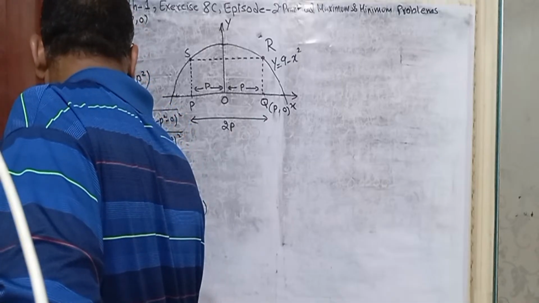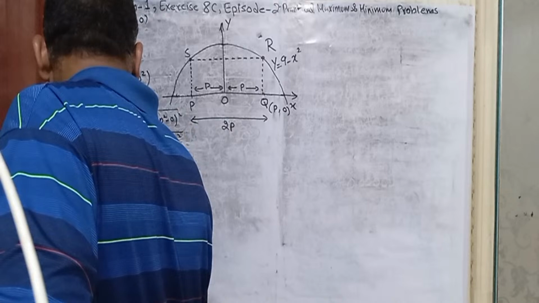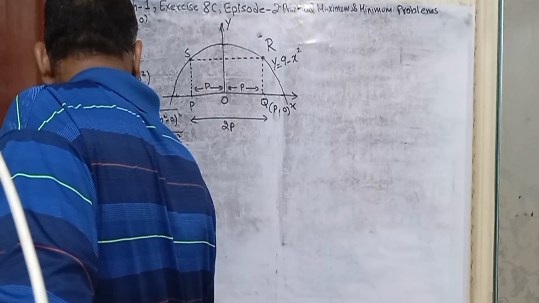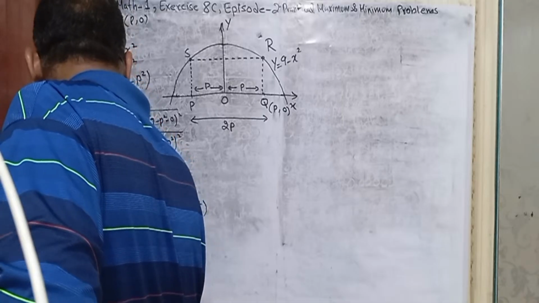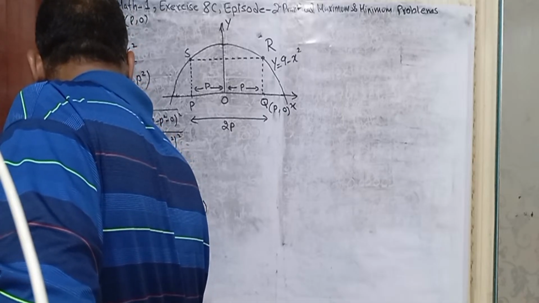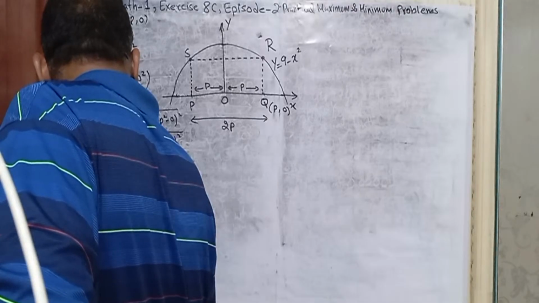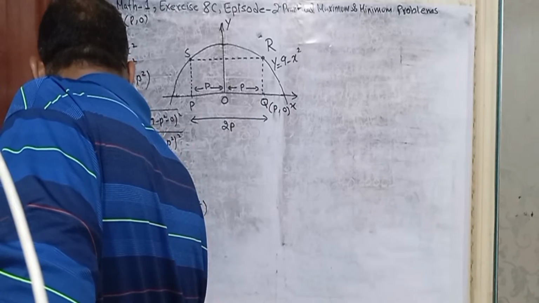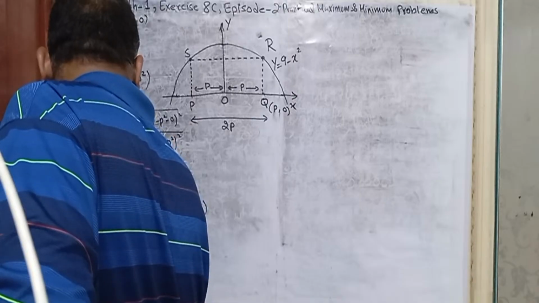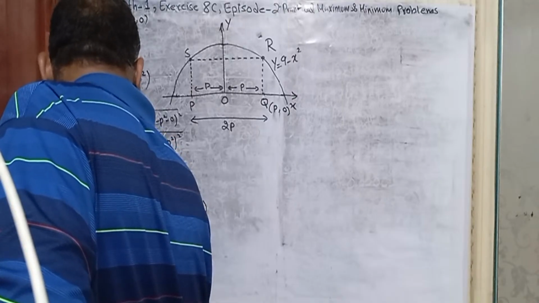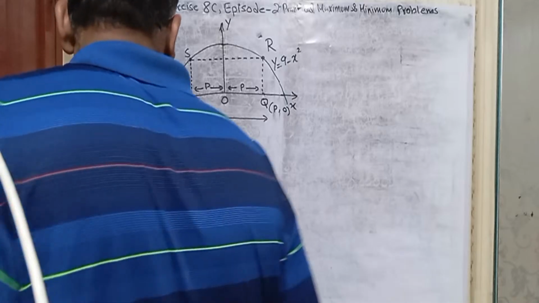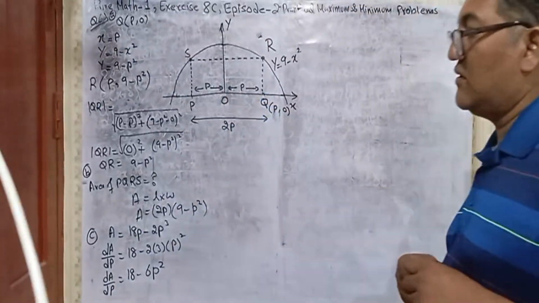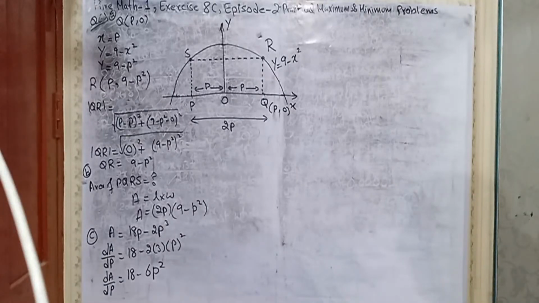A becomes 18p minus 2p cubed. Differentiating, dA by dp equals 18 minus 2 times 3 times p squared, so dA by dp is 18 minus 6p squared.